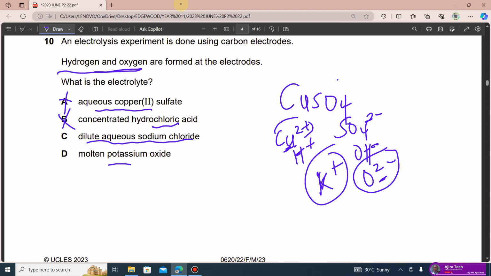In dilute aqueous sodium chloride, we have sodium ion and hydrogen ion, and then the chloride ion and OH-. The hydrogen ion is discharged at the cathode, and the hydroxide is discharged at the anode to give oxygen. So C is simply the answer to this question.